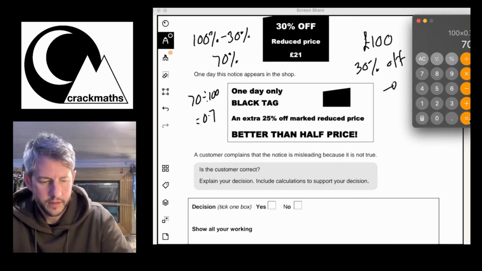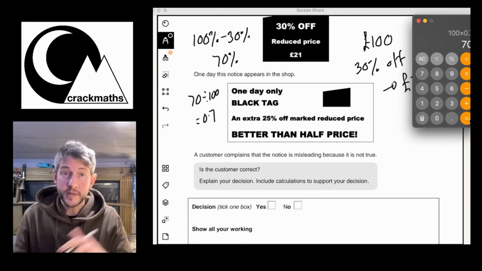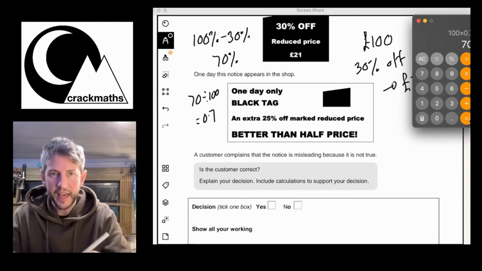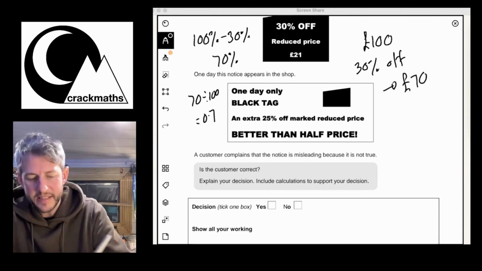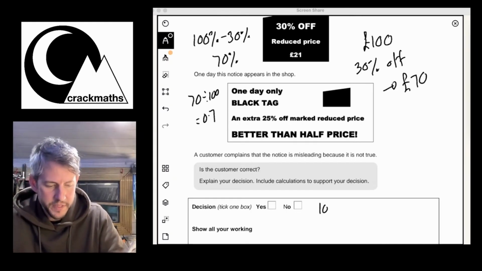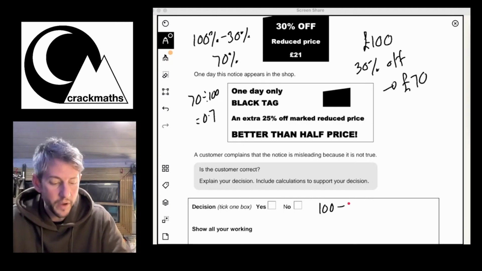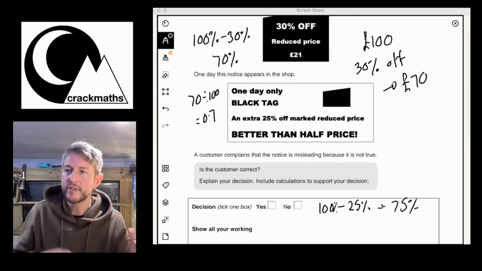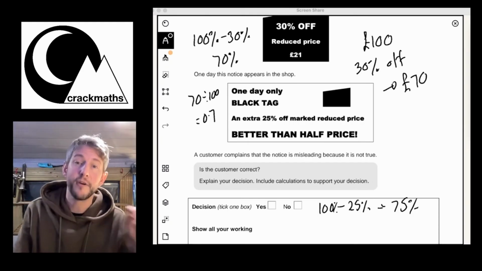So 30% off means £70. Now they're reducing this price by 25%. So the same thing again. We're going to have to take 70 as our new 100%. 100% take away 25% equals 75%. So if you want to reduce something by 25%, you're looking for 75%.